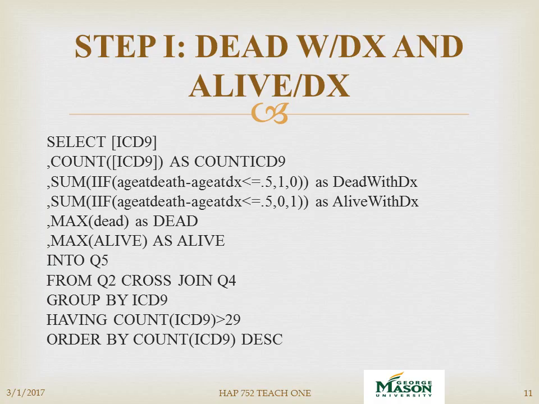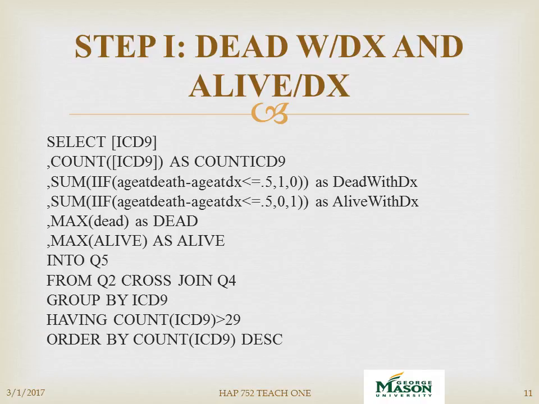After we sum up all the dead and alive patients, now we want to calculate the dead with diagnosis and alive with diagnosis. So here's the code for that. What I want to point out is that 0.5 means 6 months, because we want to predict the chance that the patient will die within the next 6 months.